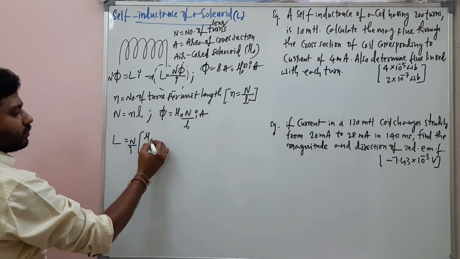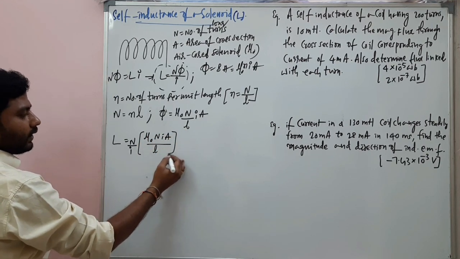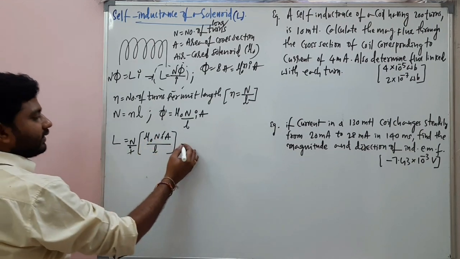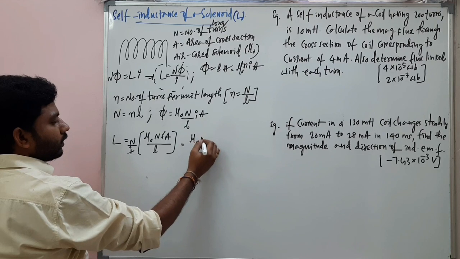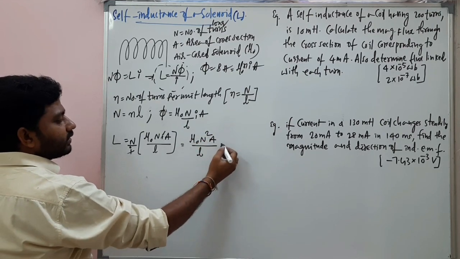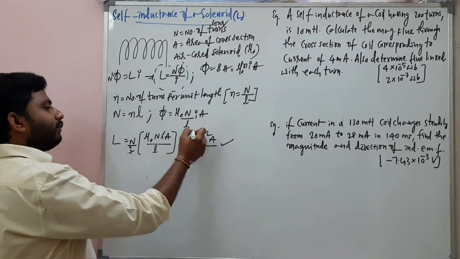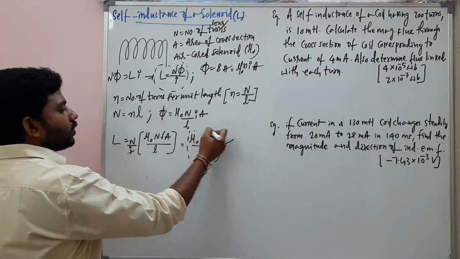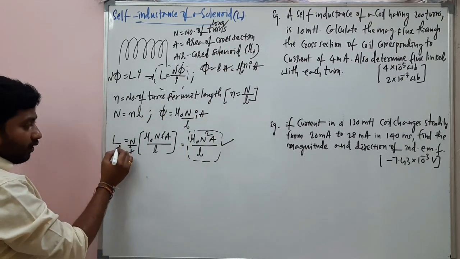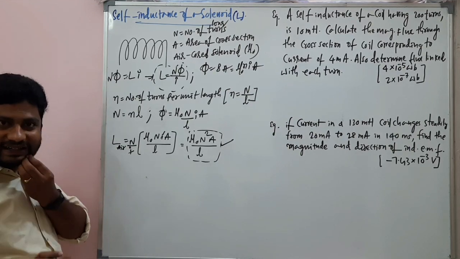Phi value is mu naught N I A by L. What remains is mu naught N square A divided by L. The most important part is this one. This is the very important expression for L of an air core solenoid, the self-inductance.